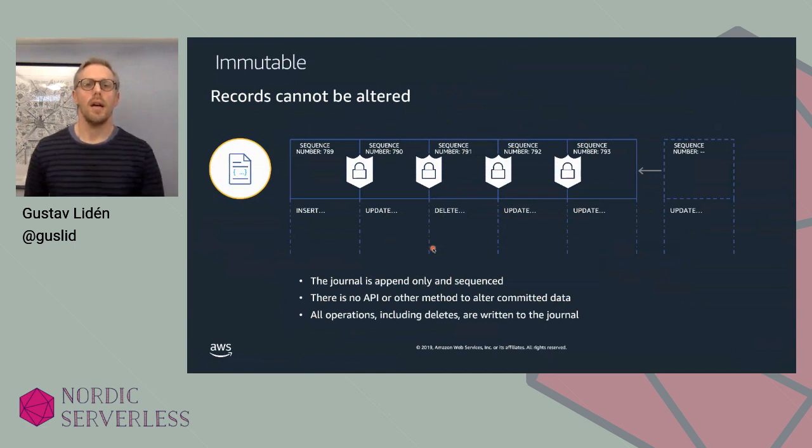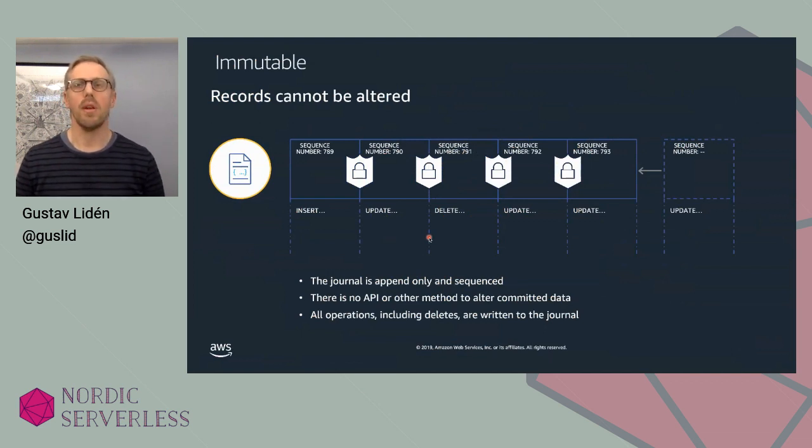So just to go back to the immutable part of the journal, this basically means that the journal will never be changed. It will only be appended to. So as you traditionally work with a database, you insert, you update, you do deletes. All of these actions could, in a traditional database, actually mean that you are rewriting data and not having that data anymore, or having the history.